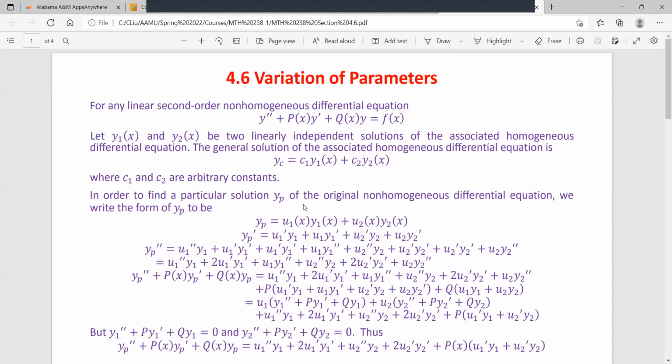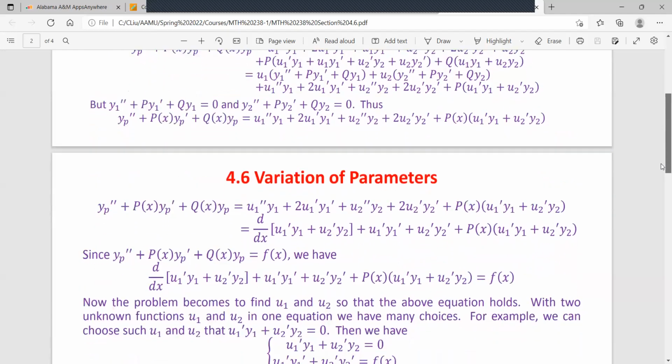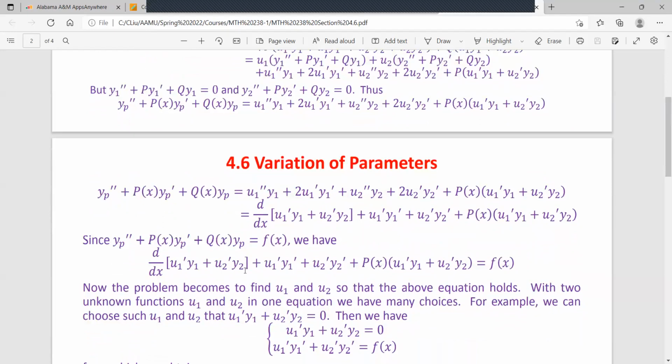Okay, so we write the particular solution we want to find in this form, and then using the condition that y1 and y2 are both solutions to the associated homogeneous differential equation, we get the equation to solve, with two functions, u1, u2, to determine, but we only have one equation for them.